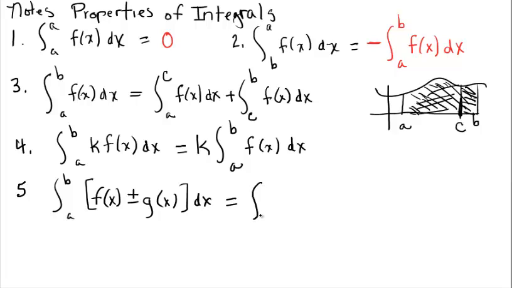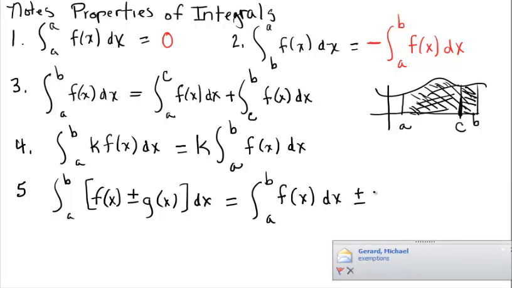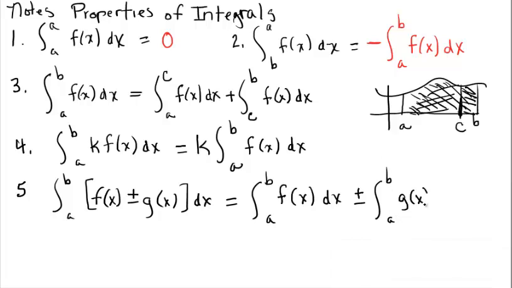Sometimes it's going to be helpful to break apart. If I'm adding or subtracting, it might be easier to work individually with each of the functions. So the integral of a sum is actually the sum of the integrals. Both f and g would get the same limits here. So sometimes it's helpful to break it apart in our work with integrals.